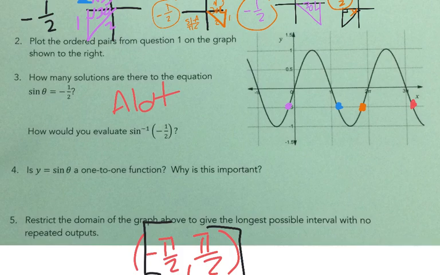So here's the way I would work this problem. If you just gave me this, I need to know what quadrants inverse sine is defined for. Inverse sine is only valid between negative pi over 2 and pi over 2. So inverse sine can only happen in the first and fourth quadrants. I need the output to be negative. It's positive in the first quadrant, so it's negative in the fourth.